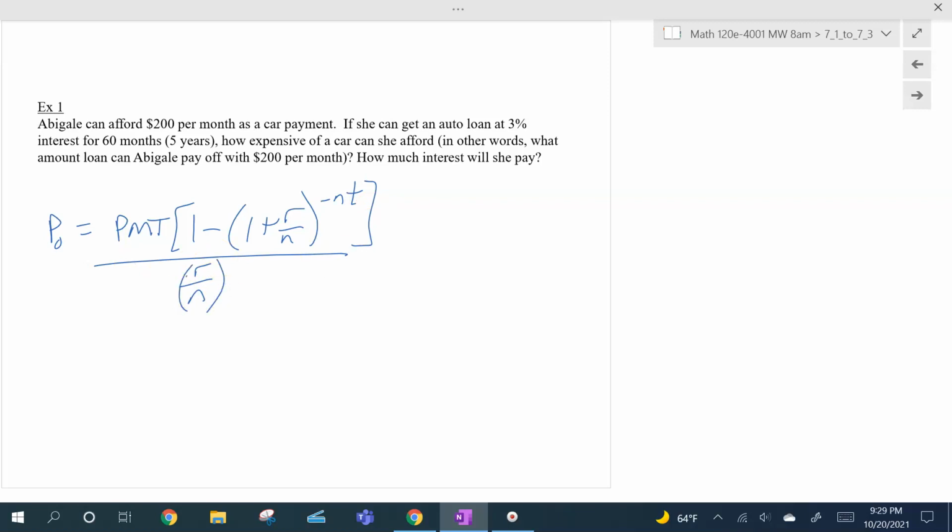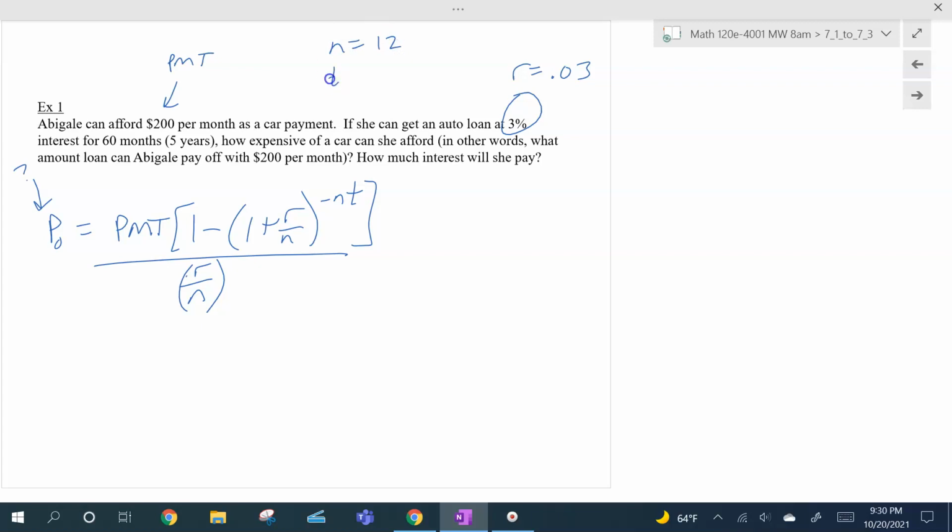All right, so the payment that she can make, there's her payment, $200 a month. We're trying to figure out this loan balance right here, so this is the question mark. How much car can she afford? Interest rate looks like 3%, so 0.03. She's doing this for a period of 60 months, so 5 years. So this is 12 months per year, so our compounding is monthly.